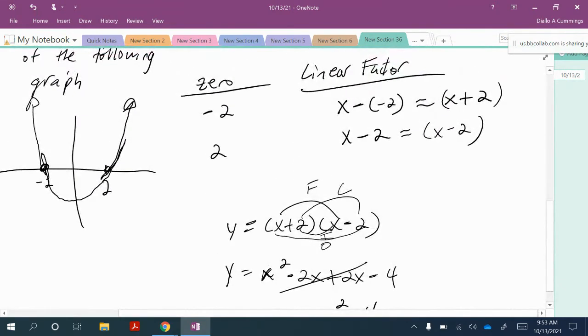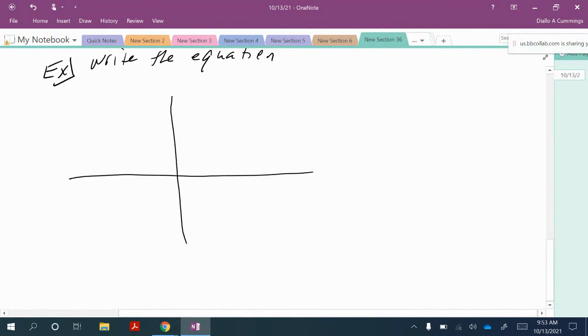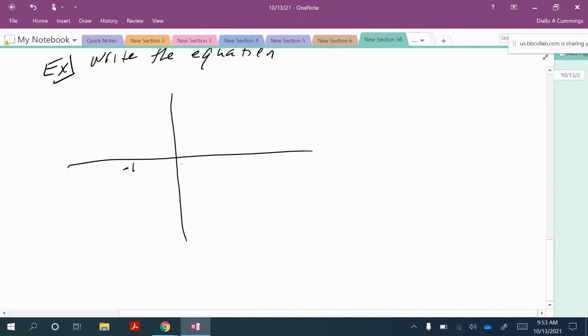All right. So now I'm going to give you a problem to try. So here again, we're going to write the equation for the following graph. All right, so we have -1, we have 0, and a +1.